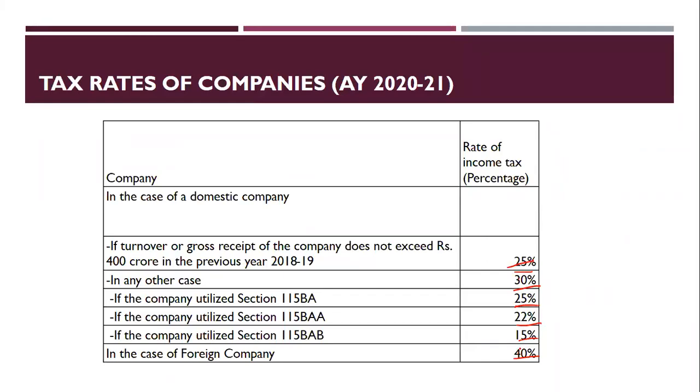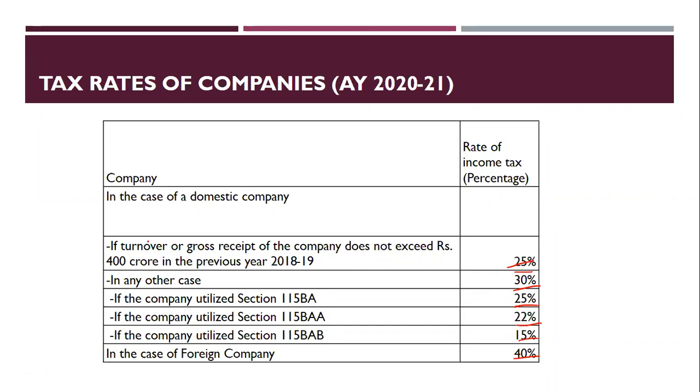For the foreign company, no matter whether you are utilizing section 115BA, 115BAA, or 115BAB, you have to pay tax at a flat rate of 40%. But when it comes to a domestic company, there are some provisions.